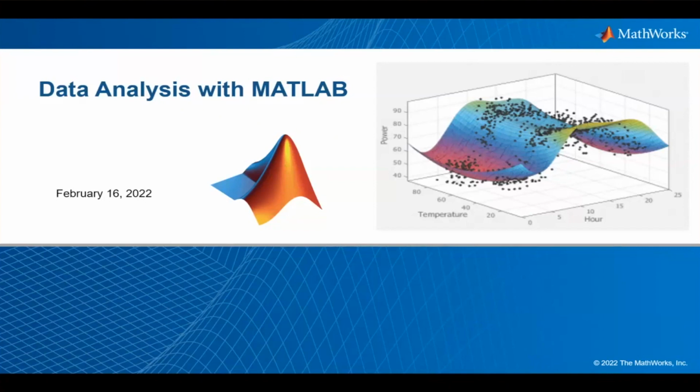His job is to work with academicians, with university professors and students to make sure we get the most out of the MathWorks products. And this is exactly what we're doing today with Gen.